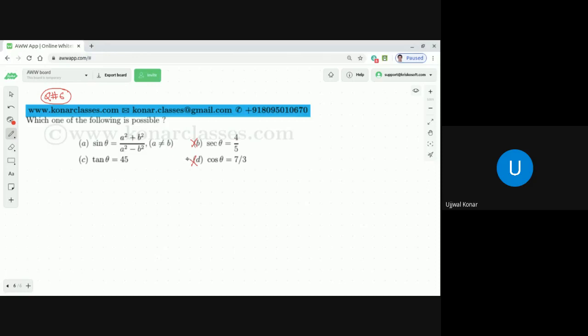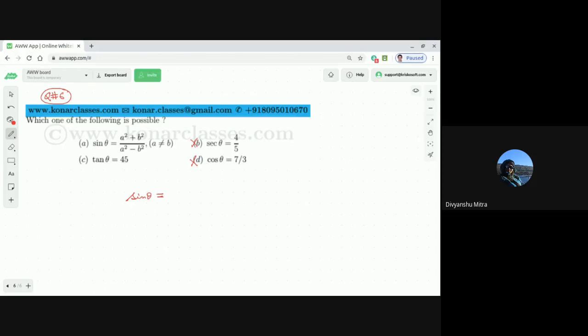Okay. So the way you can do it is you can take any value. Sin theta is equal to A square plus B square over A square minus B square.